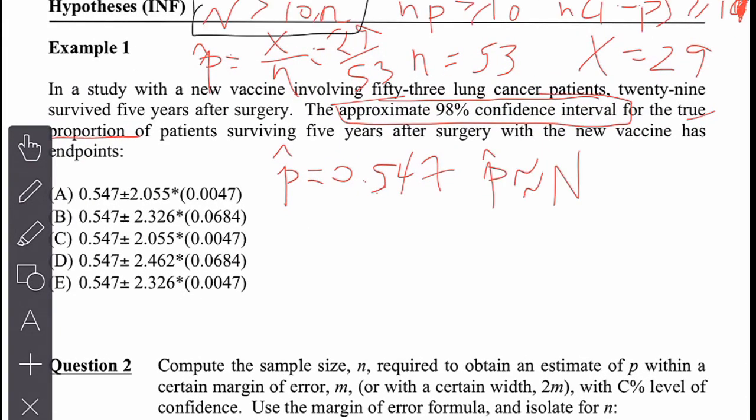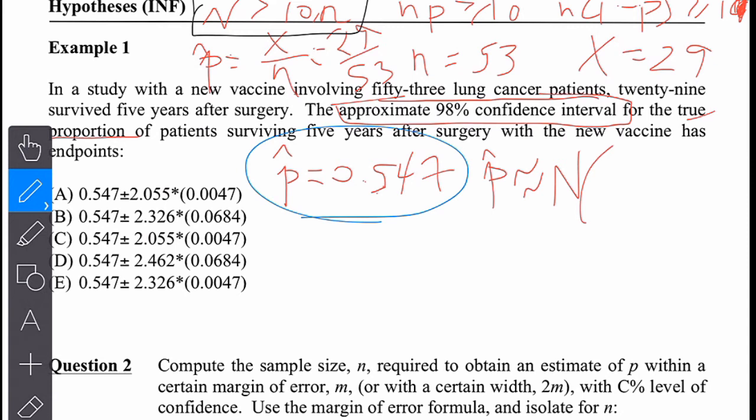P is going to be, well, what is P? I don't have P. You see, it's not there. There's no true proportion. We're just trying to approximate the true proportion. My best guess at P is this, p hat.